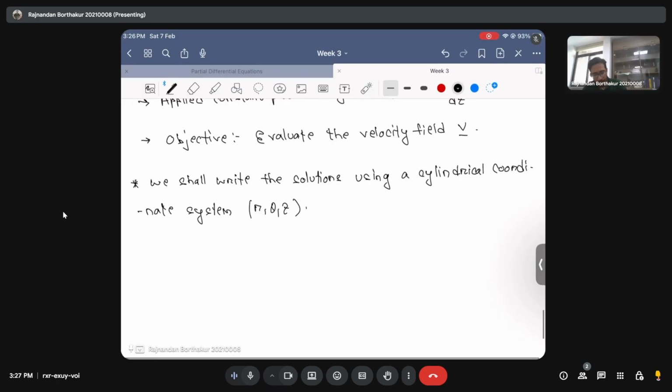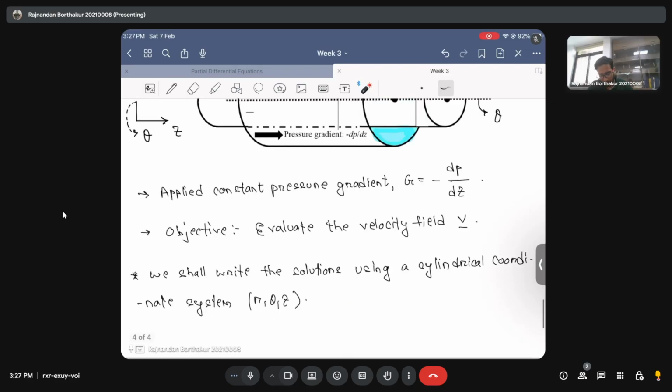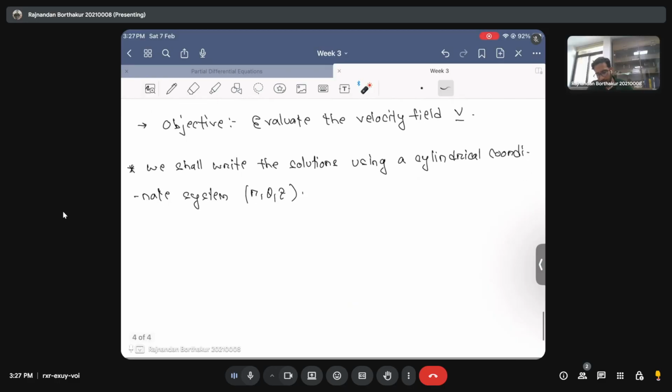Where r, as we all know, is known as the cylindrical radius. Theta is the polar angle, as I said. This we have seen in the examples that I showed you just some time before. And z is basically in the direction aligned with the axis of symmetry of the object.